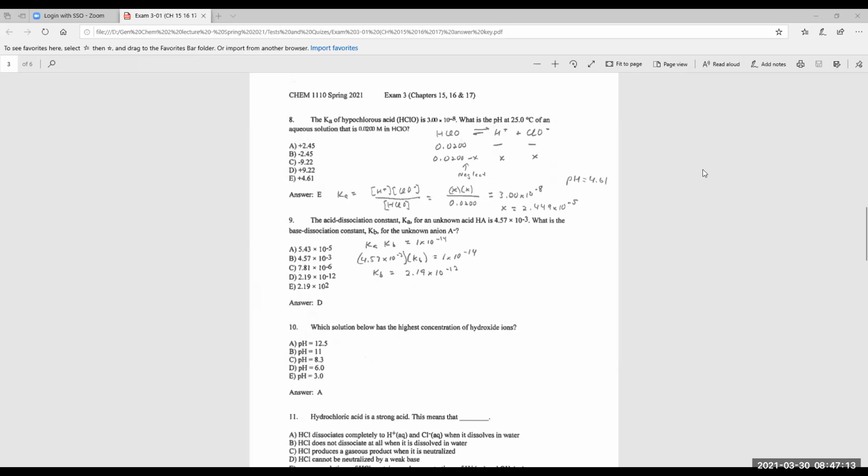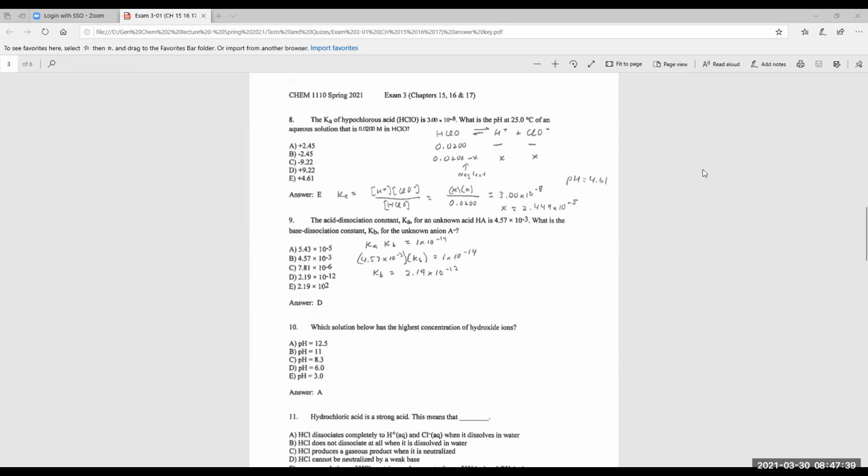We write our equilibrium expression, Ka equals H plus times ClO minus divided by the HClO concentration. So we fill in our X's there. We have X times X in the numerator, and 0.02 molar in the denominator. It would be minus X, but we're going to neglect that X because we know it's a weak acid.